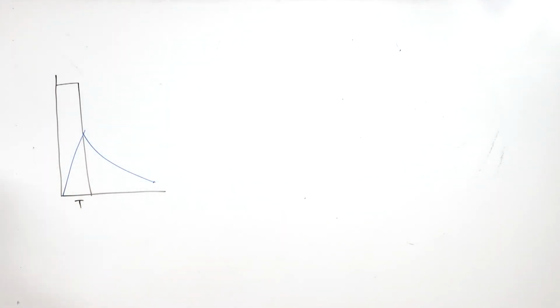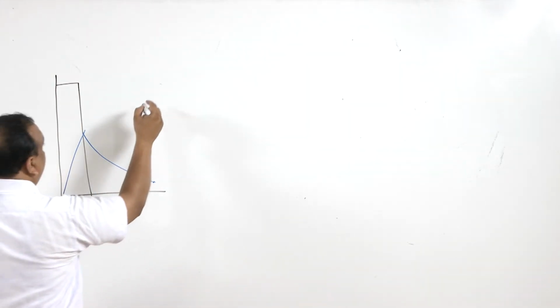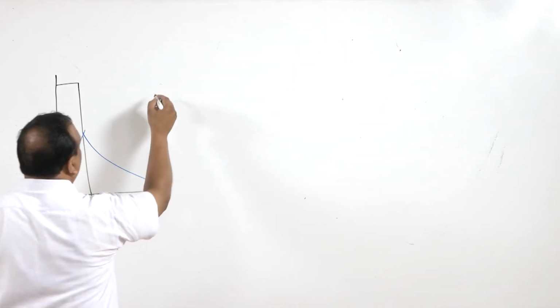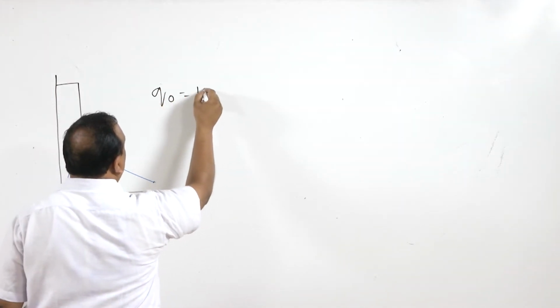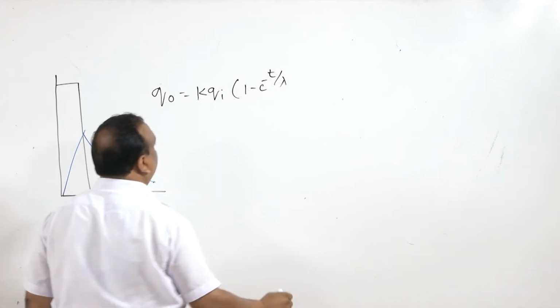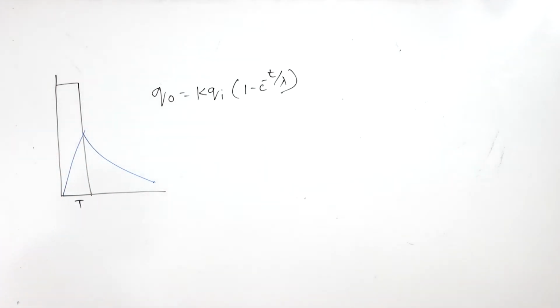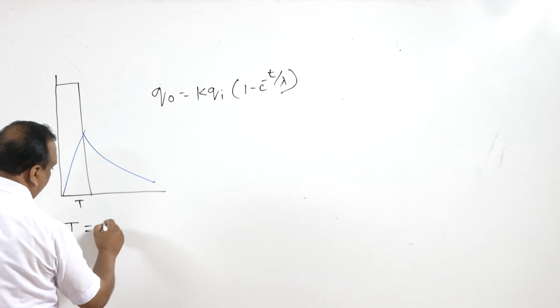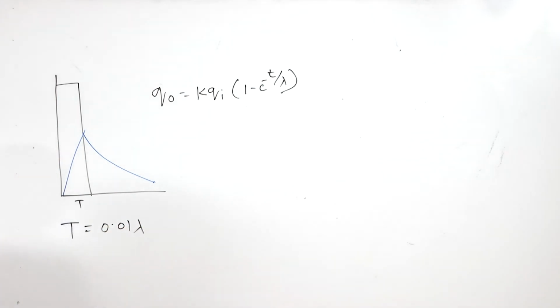Now for this reason, we can always take the first order system, the step response to the first order system, and step response to the first order system means Qo is equal to K Qi (1 minus e raised to power minus t by lambda). Now we are assuming that T is equal to 0.01 lambda. It is only 1% of the time constant of the instrument.